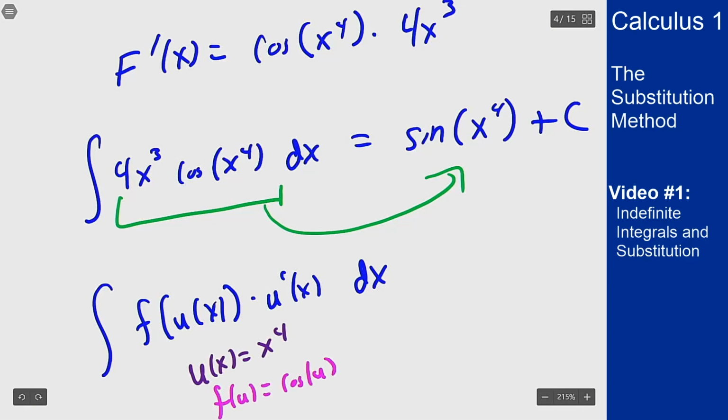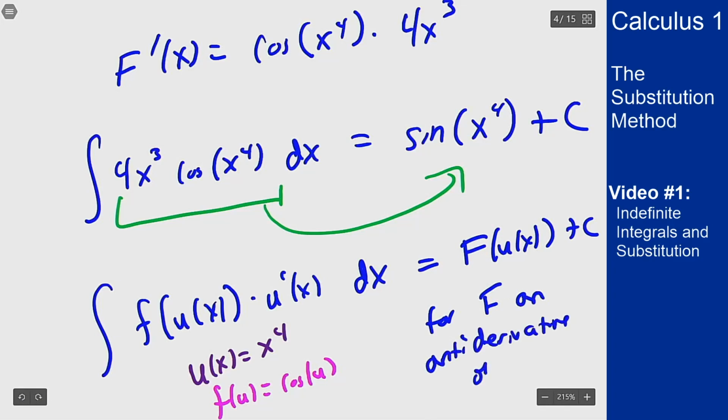So I'm identifying this integrand as a composition times the derivative of the inside function, and then just by the chain rule, this should give me F of u of x plus c, for F an antiderivative of little f, because the chain rule sends me back this way.